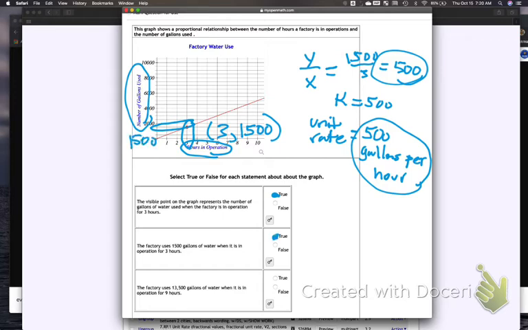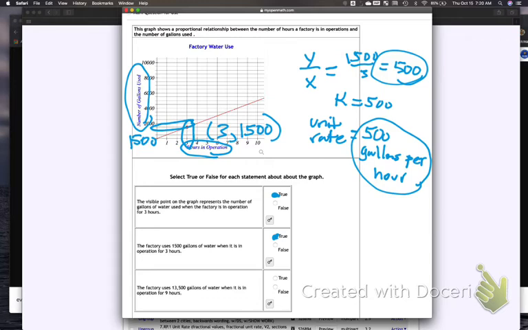Now, what's going to happen when you get these types of problems is sometimes the first one is true or false, sometimes the second one is true or false, and sometimes the third question is also true or false. So you have to actually check them. The last question says the factory uses 13,500 gallons of water when it is in operation for 9 hours.